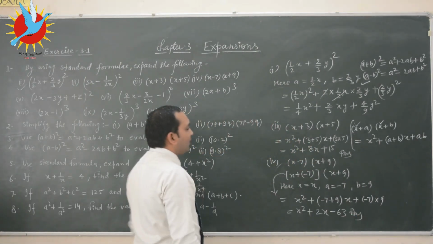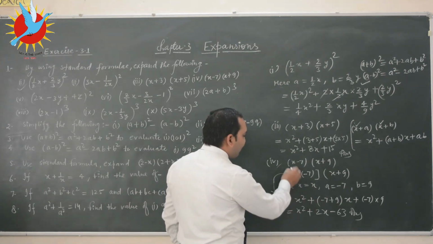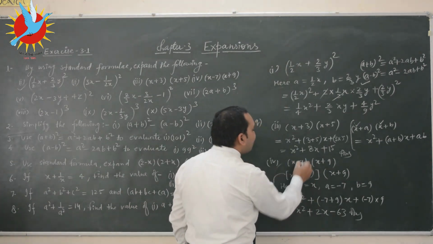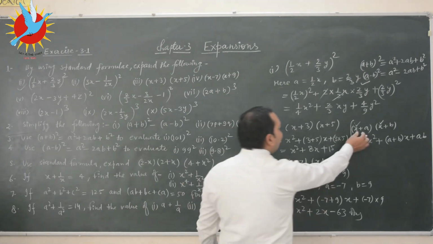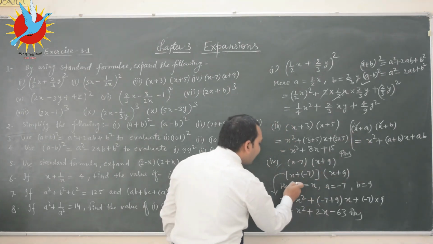So this was x minus 7, but we write in the form of x plus a in the standard formula.